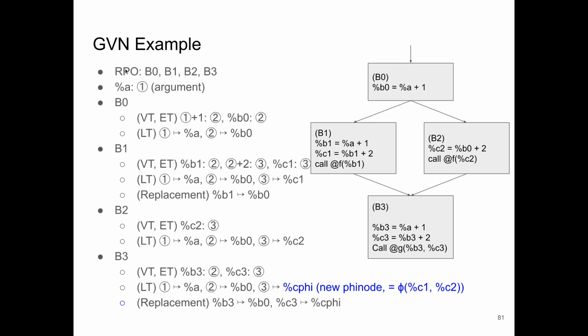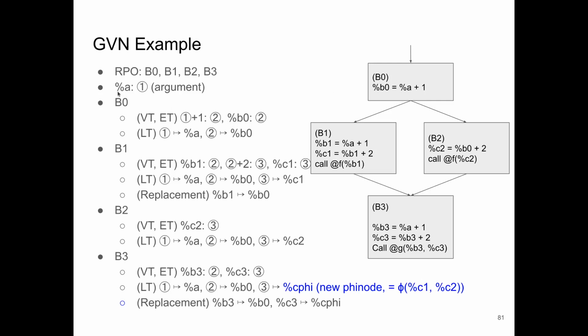Now, here's the algorithm. We first calculate the reverse post order. It is B0, B1, B2, and B3. So far so good. It is roughly aligned with the order of execution. And for B0, we are going to process this instruction, B equals A plus 1.